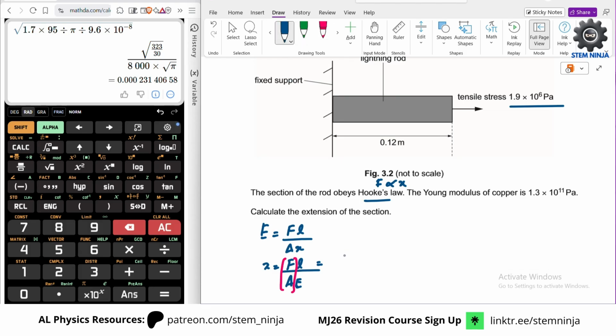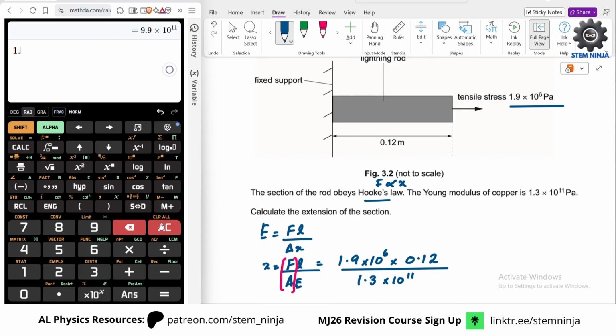So we have 1.9 times 10 raised to power 6, original length 0.12 meters, divided by Young modulus, which is 1.3 times 10 raised to power 11. So 1.9 times by 0.12 divided by 1.3 times by 10 raised to power 6 minus 11.